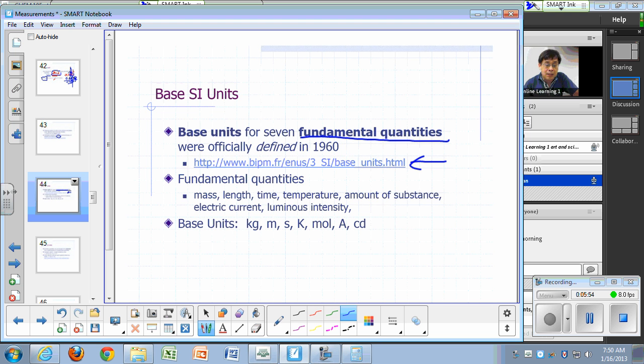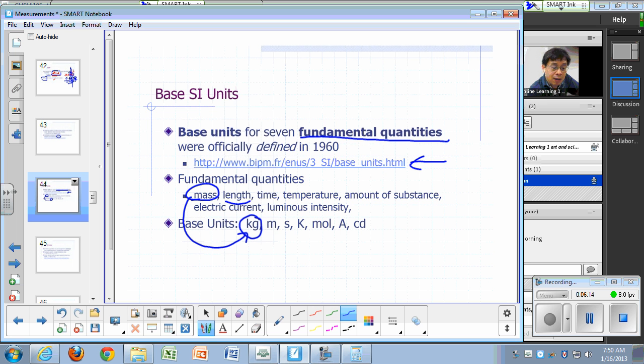It tells you exactly what a kilogram is. The fundamental quantity is mass, and the base unit is kilogram. So the SI system defines exactly what a kilogram of mass is.